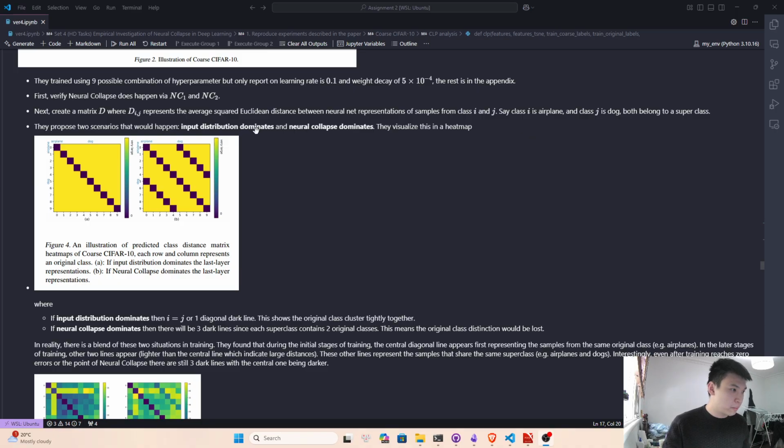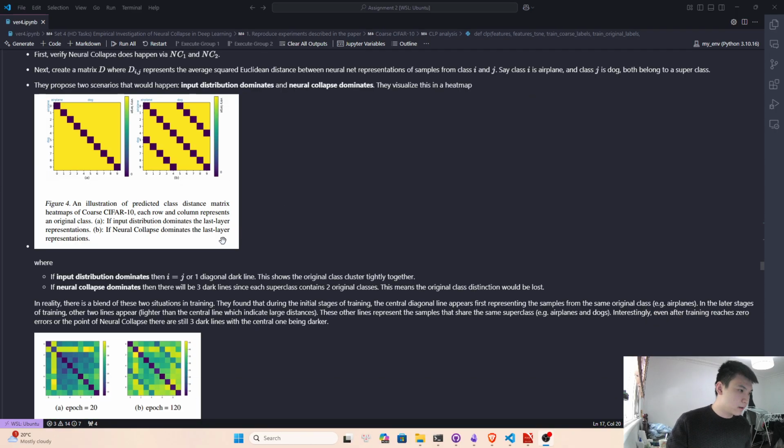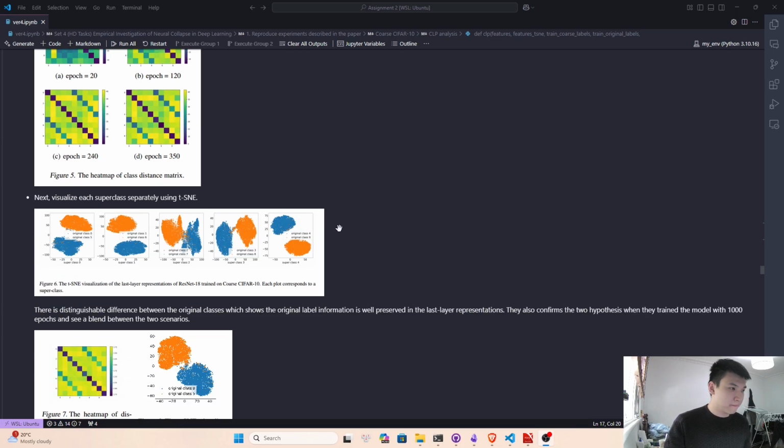Input distribution dominates means that there is only one diagonal line here, and neural collapse dominates is 3 diagonal lines here. So when input distribution dominates, within each superclass in the last layer representation, there are distinguishable differences between the original classes, whereas in neural collapse it is fully collapsed and there are no patterns in the clusters.